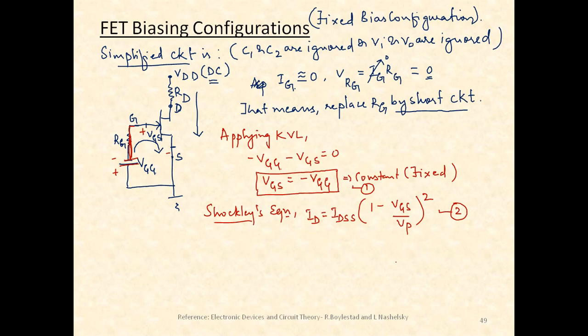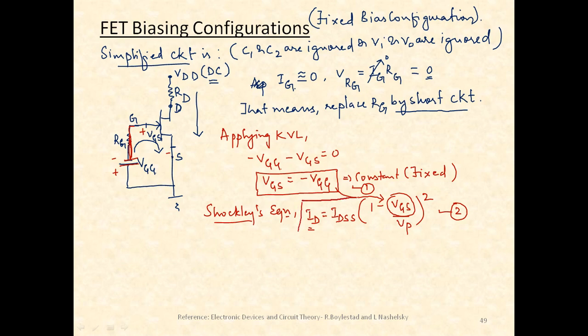Now moving forward, let's come back to Shockley's expression. So there is a non-linearity existing. Now what can be done? For finding the solution, we can substitute equation 1 in equation 2. Wherever VGS is there, we can substitute minus VGG, so that the drain current can be obtained. This is for a particular device.